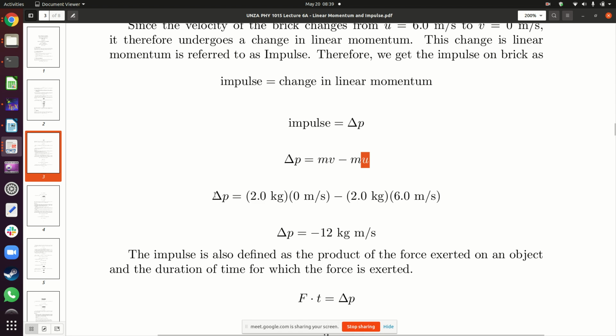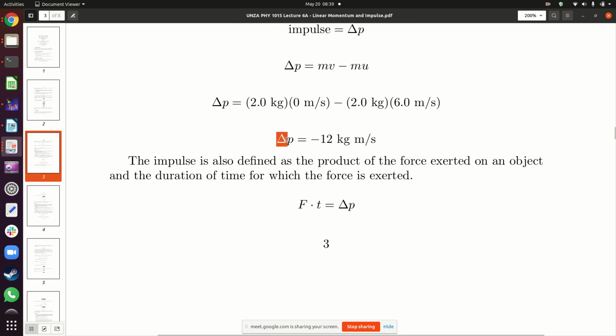Delta P is 2 kg times 0 meters per second minus 2 kg times 6 meters per second, so the impulse, delta P, is minus 12 kg meters per second. This is the change in momentum.